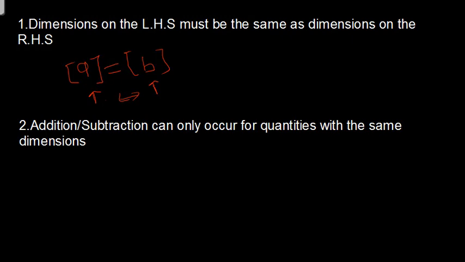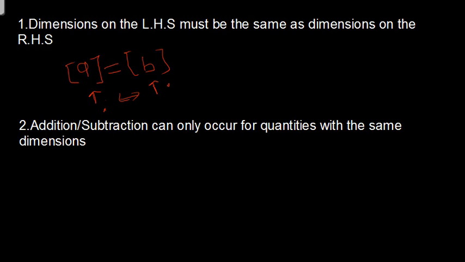So if you are able to check and you see that the dimensions on the left hand side and the dimensions on the right hand side match, then that equation is dimensionally correct. And rule number 2 simply entails that for addition and subtraction to occur, the quantities that are being added or subtracted must have the same dimensions.